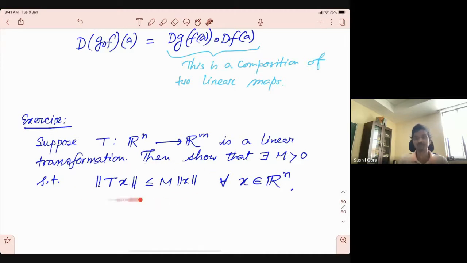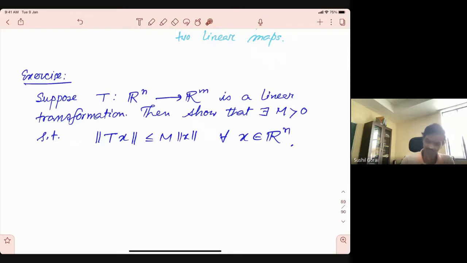You must do this exercise. We'll use this here. If you have any problem in doing it, just let me know.